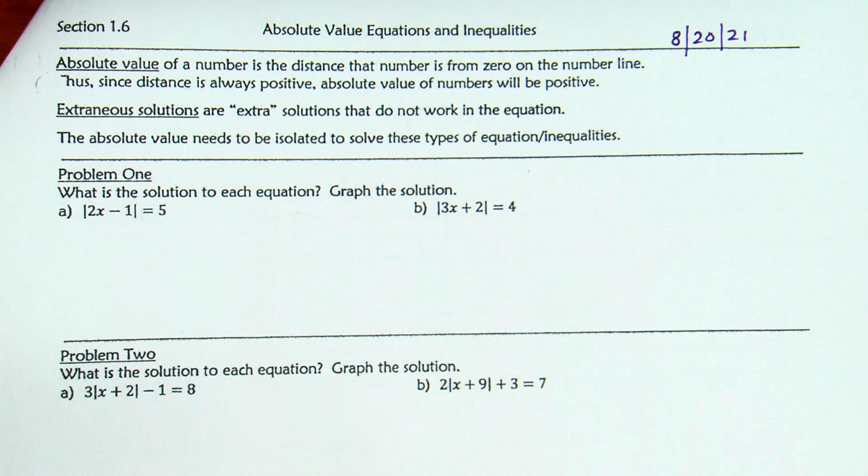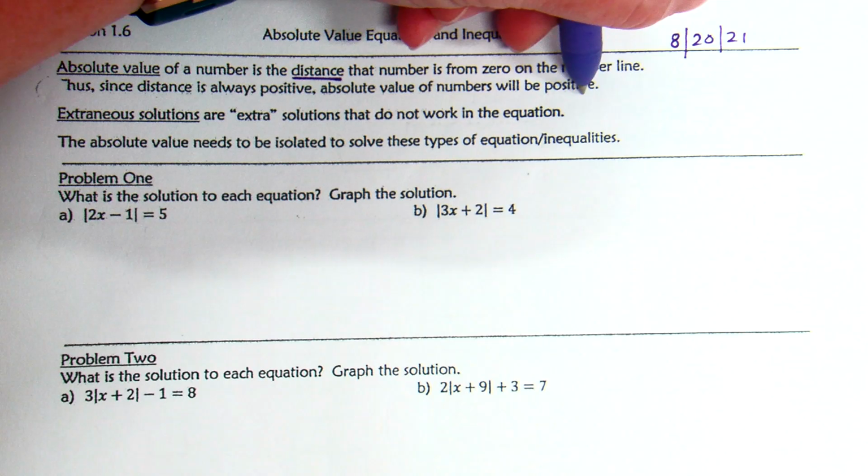So, since distance is always positive, absolute value is the positive distance. Absolute value of a number is the distance that the number is from zero on the number line. Thus, since distance is always positive, absolute value will always be positive. Okay, so those bars tell you the positive.